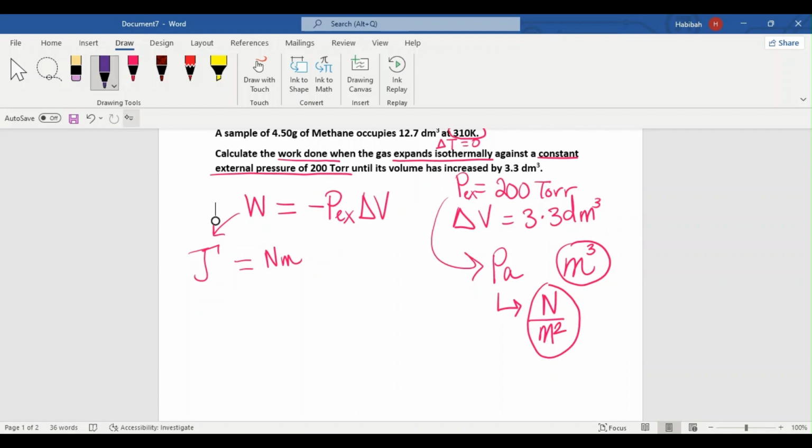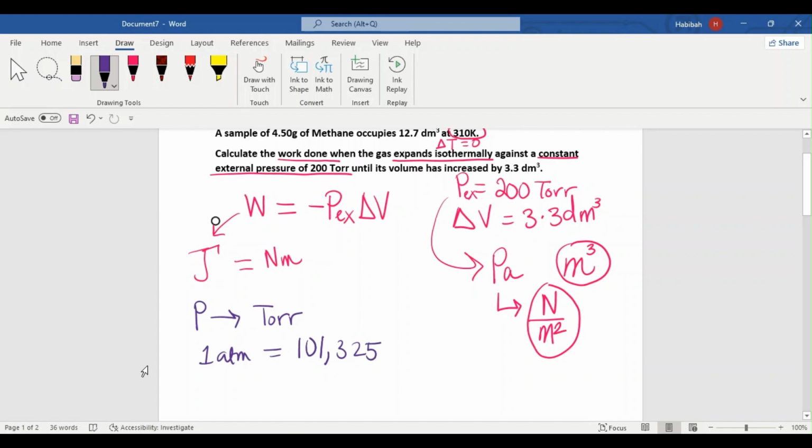The first thing you should not forget is that pressure here is in torr. If we're trying to go from torr to pascals, we have to remember that 1 atm, which is what I actually use to remember all the time, is 101,325 pascals.